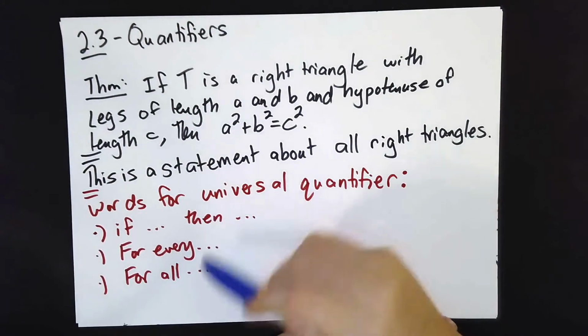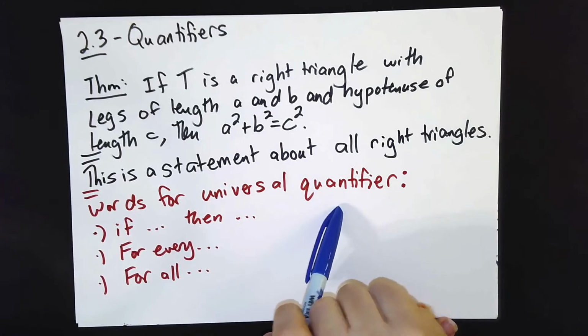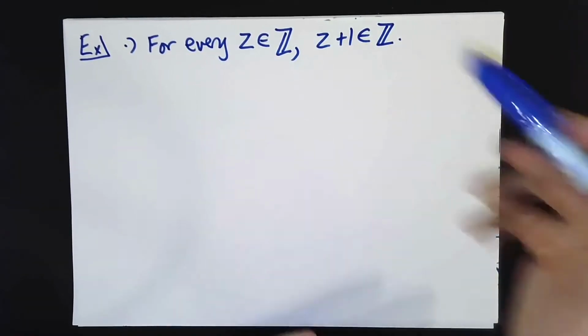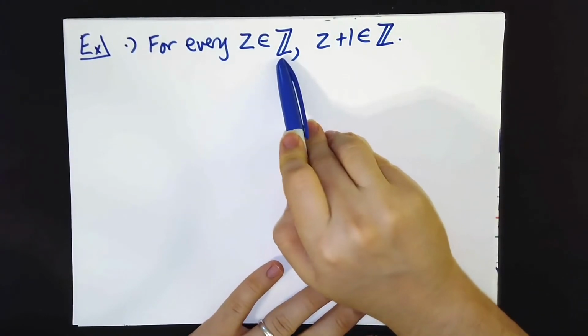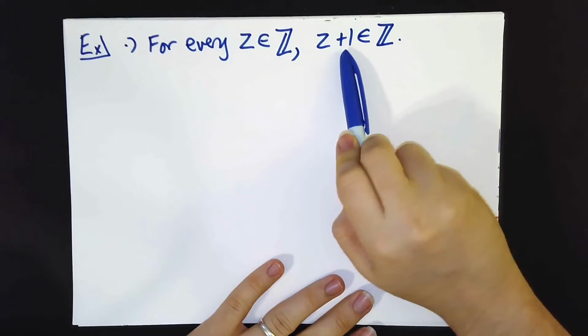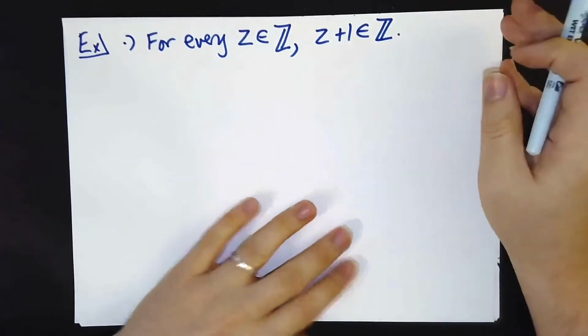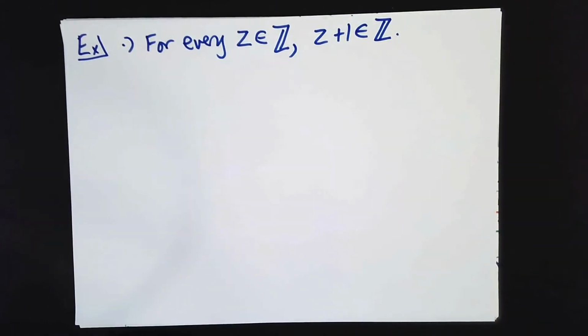So let me give you a few examples of statements that involve a universal quantifier. This is the statement that for every integer, little z, in big Z, z plus 1 is also in big Z. In other words, every single integer has the property that if you add 1 to it, you get another integer.